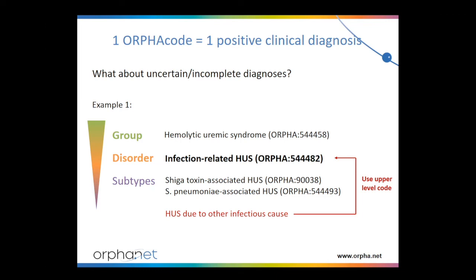In case you need to code a patient in whom the diagnosis of HUS is confirmed, there are known elements indicating that it was caused by an infection, but the precise agent involved is not known, either because the clinical assessment is incomplete or because the known agents were excluded, then you need to use the ORPHAcode at the upper level, which is, in this case, infection-related HUS, because this is the level of information that is available for the diagnosis.